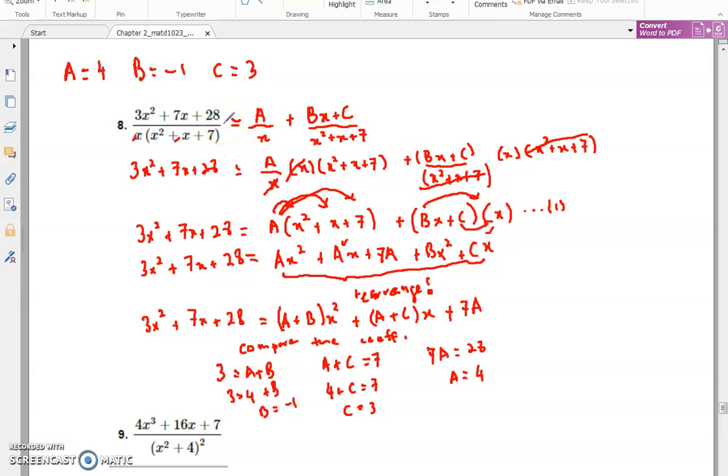So what we need to do next is we are going to replace the values of A, B, and C here in our partial fraction. Since I don't have any space here, let me erase or try to clear this part.